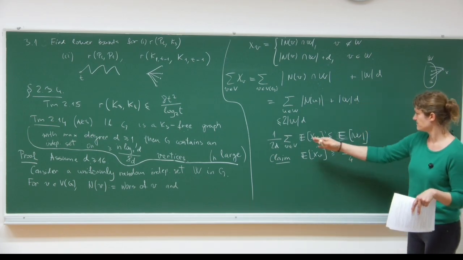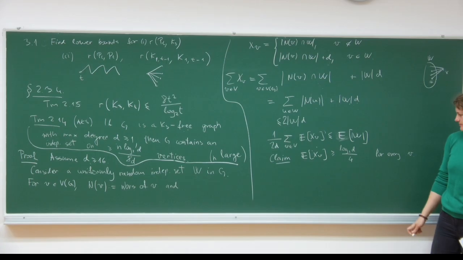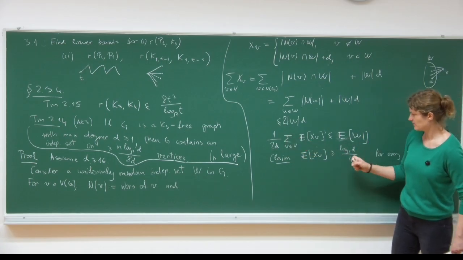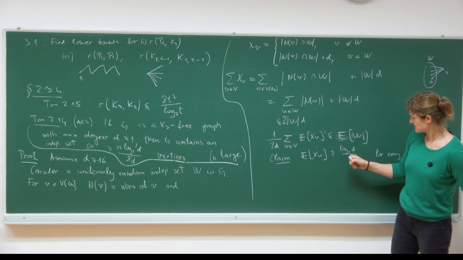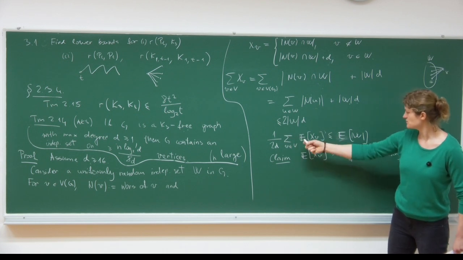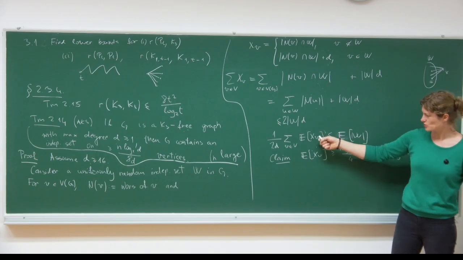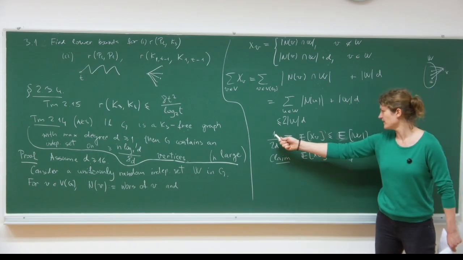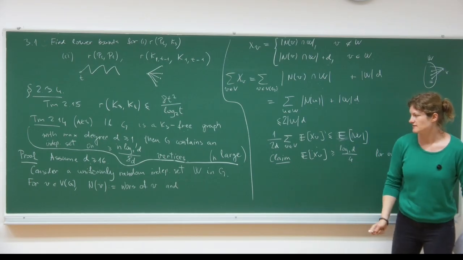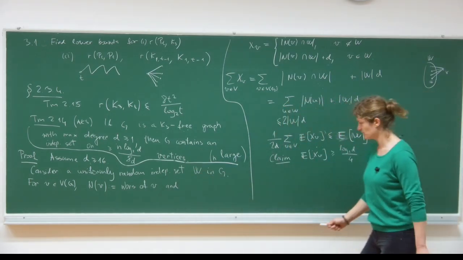And this will then imply our desired bound, because then we'll have that the expected size of W is at least, we have here n summands, and each of them is at least this. So altogether we'll get a bound of n log 2d divided by 8d, which is exactly what we're aiming for.